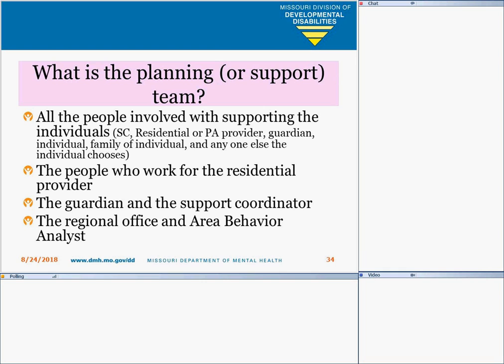What is the planning team or the support team? A lot of times, the applied behavior analysts, area behavior analysts that are in the regions, they're asked about what the planning team is. So if you could give us a little, and we'll see how people are doing with understanding what the planning team is. So go ahead, and I'm going to wait a few more minutes.